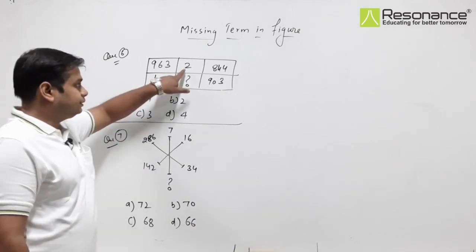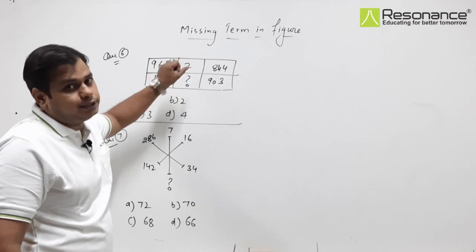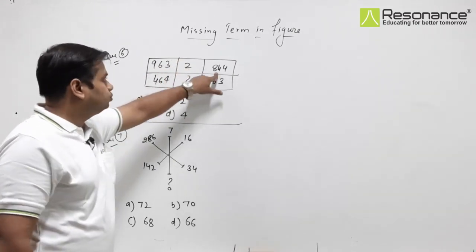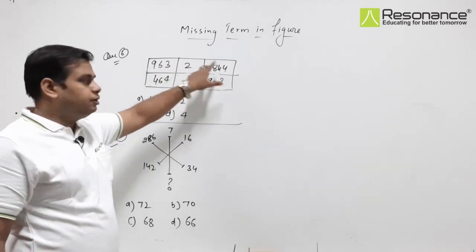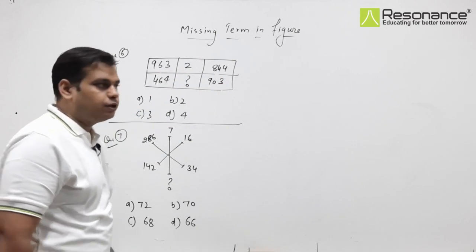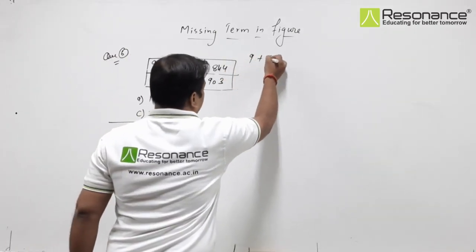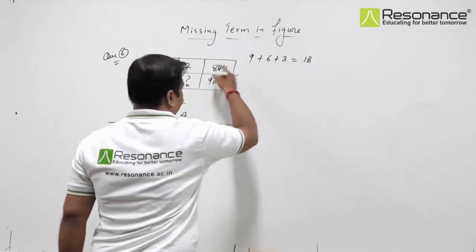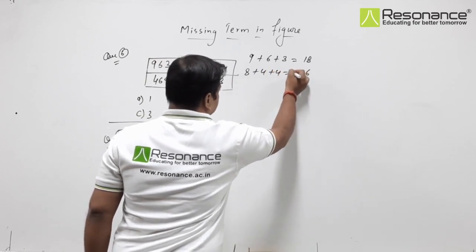You can see this is a very small number, other numbers are very large, that means this is the resultant number. We have to make this number from these two numbers. Now from these two very large numbers, how can we make this smaller number? Let's do the sum of digits. 9 plus 6 plus 3, 18. 8 plus 4 plus 4, 16.